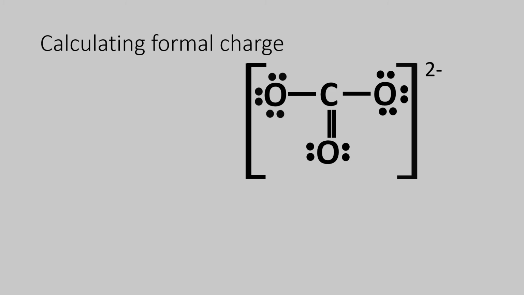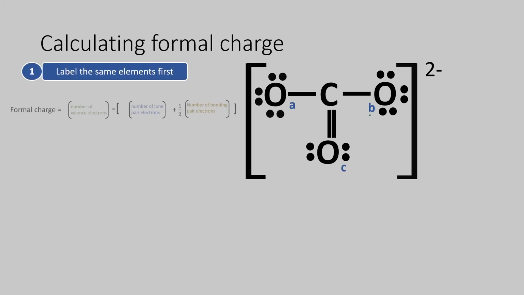So calculating the formal charge. If the question asks for formal charge, you have to label the oxygen. Because we have 1 carbon but we have 3 oxygen. So the first thing, label the elements. I can label them A, B, C, or X, Y, Z, or Abu, Ali, Ahmad, doesn't matter. Up to you.